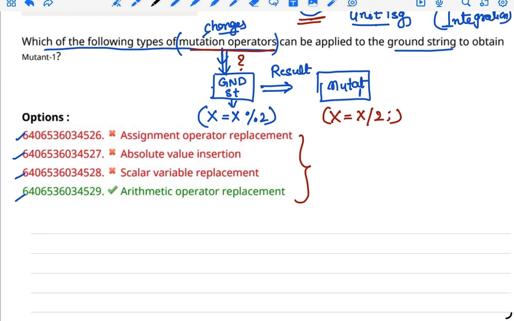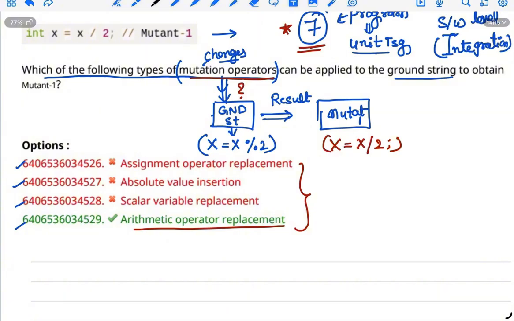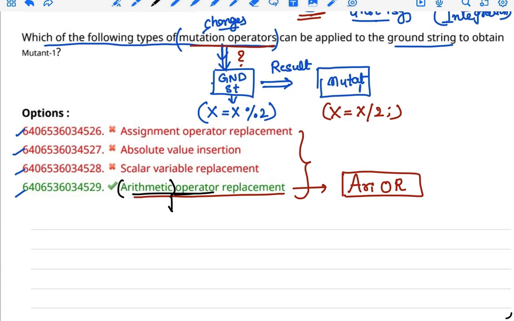This answer we will check, the correct one, and the rest we will learn in the answer. It is arithmetic operator replacement. What is this operator? That is AOR, arithmetic operator replacement. What are the arithmetic operators? Plus, minus, star, that is multiplication, and division, and double star means power, and percentage means remainder.